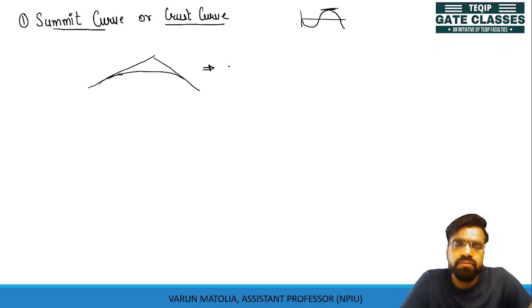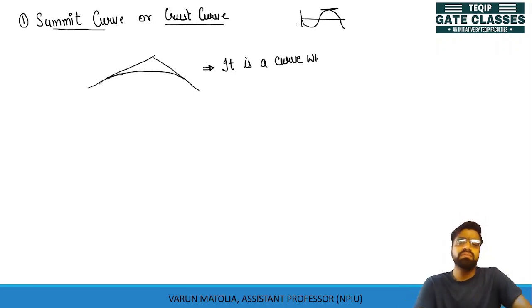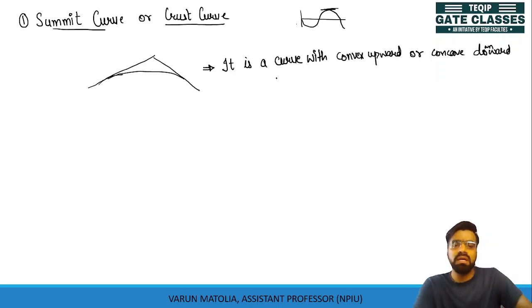Summit curve is a curve with convex upward or concave downward alignment.